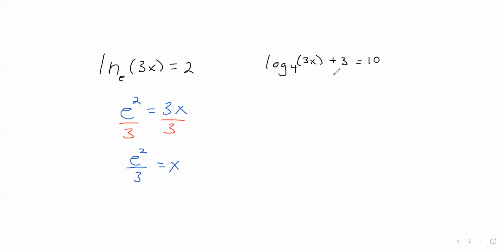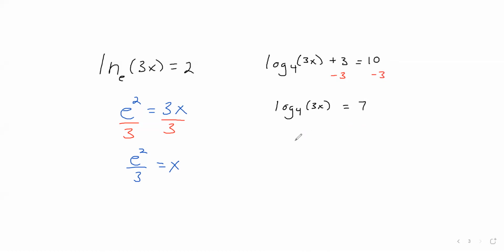So the first thing I'll do is move this 3 by subtracting 3. So I can't have anything added, subtracted, or even multiplied by that log. Meaning that if I had, let's just say I had a 2 right there, my next step here would be to divide by 2 to both sides and then switch. But from here, now I have log all by itself on one side.